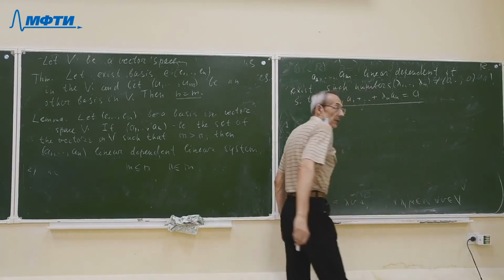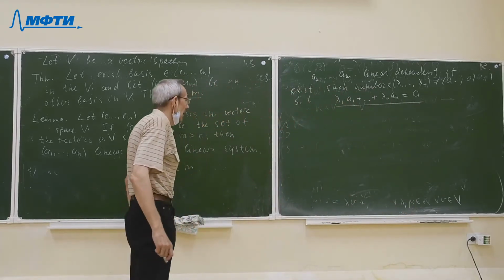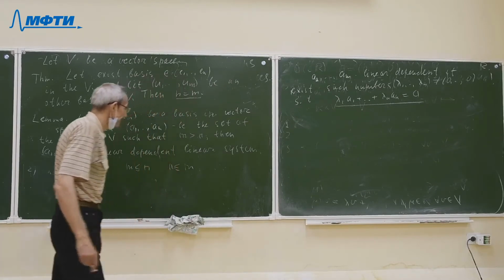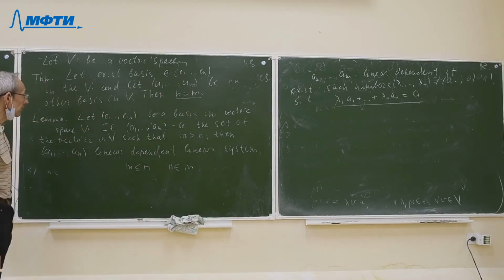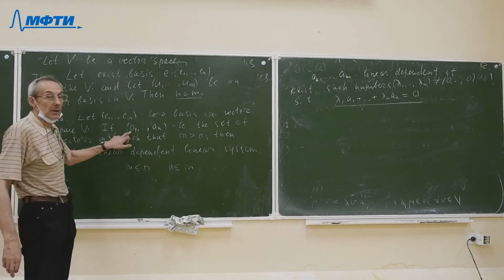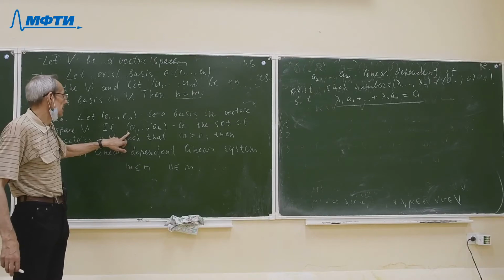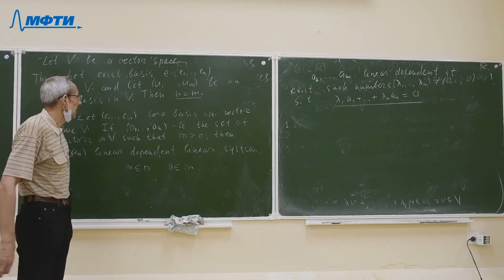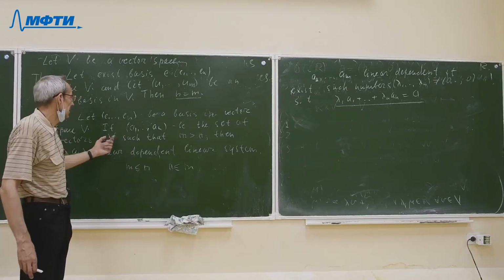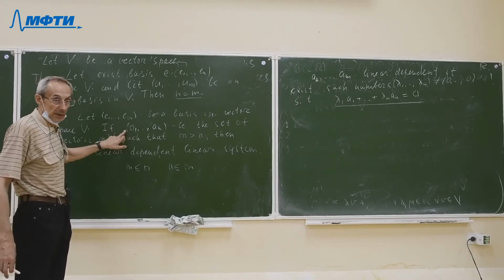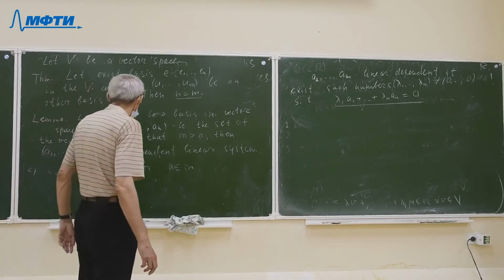This is the definition of linear dependence. And our aim is to prove that such numbers exist for this set a1, ..., am if m is greater than n.